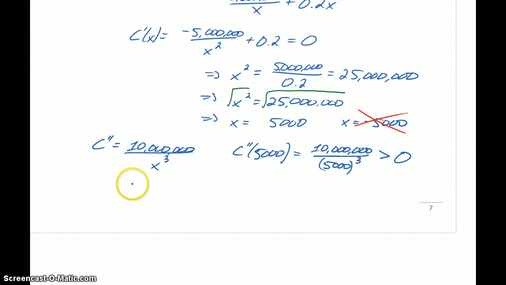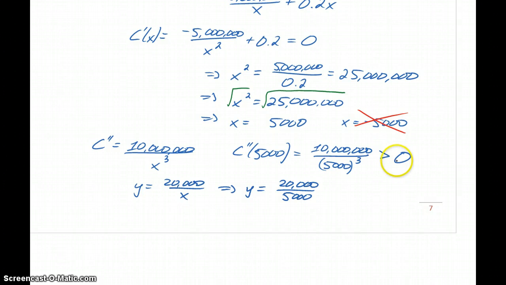So if we go back to that expression that we have for relating y and x, y equals 20,000 over x, which implies y equals 20,000 divided by 5,000, since that's where our absolute minimum is. So 20,000 divided by 5,000 is going to give us 4.